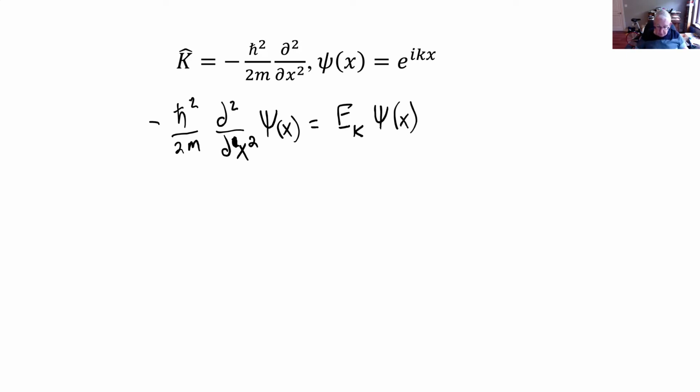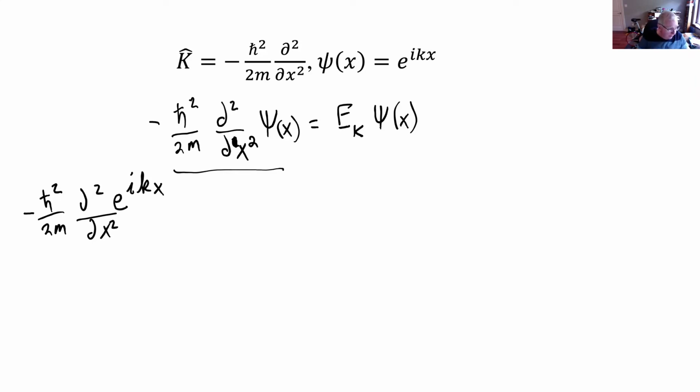Okay, so I'm just going to evaluate this side, I think. So if I do this, I'm going to have minus h bar squared over 2m. And now I need the second derivative of e to the ikx.